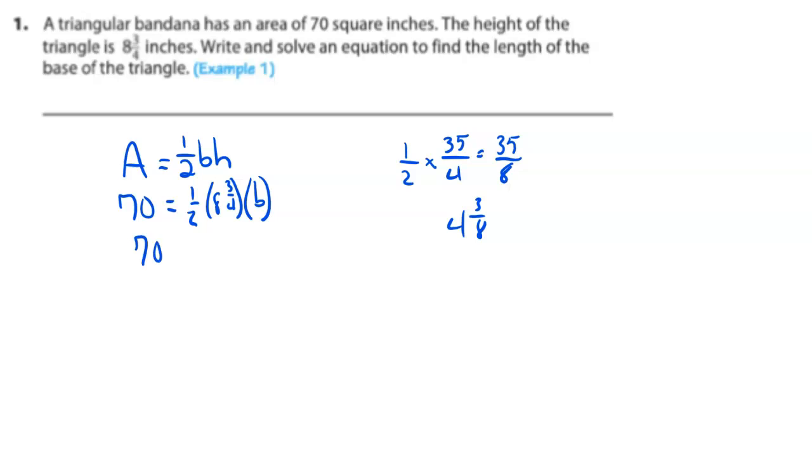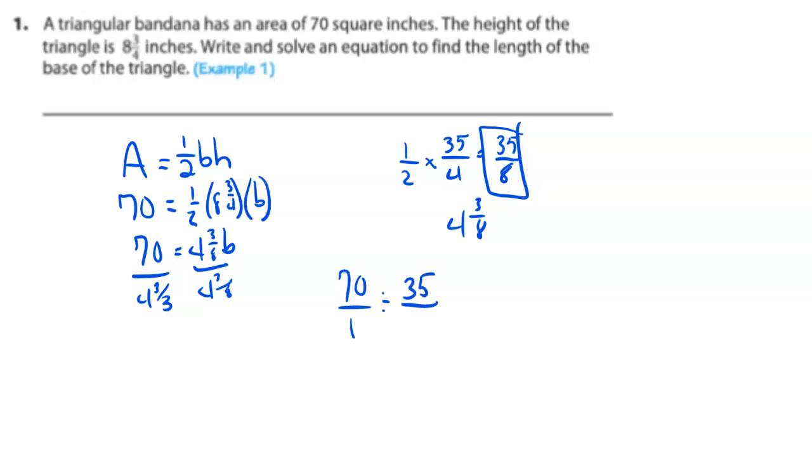So now we write, and then we want to divide by 4 3/8. So what we already have, 35 over 8, is our improper fraction for this number. So what we have is 70 divided by 35 over 8. But when we divide, let me write that down for you guys.